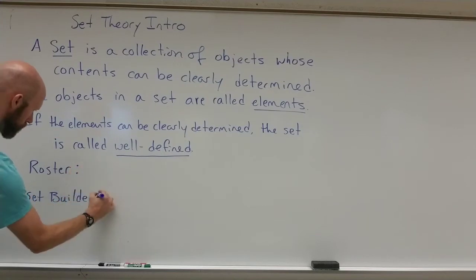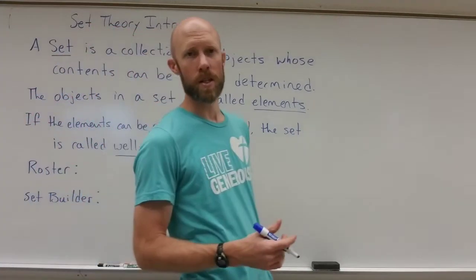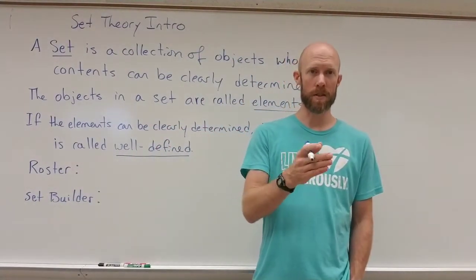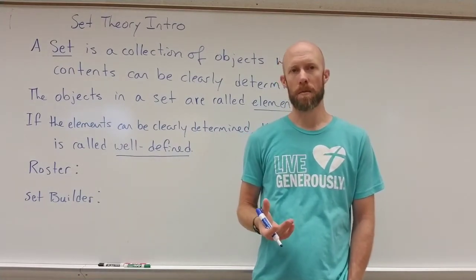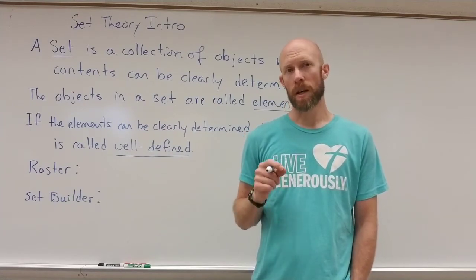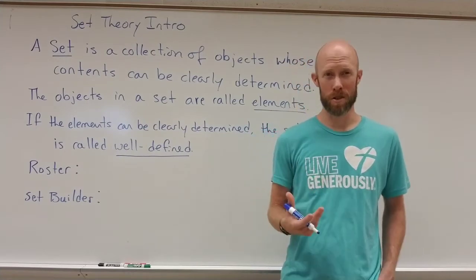So roster and the set builder. Now the roster notation is really just where you list off the elements of the set. It's the most straightforward, maybe easy to understand and comprehend, but it can be more clunky, especially for larger sets.